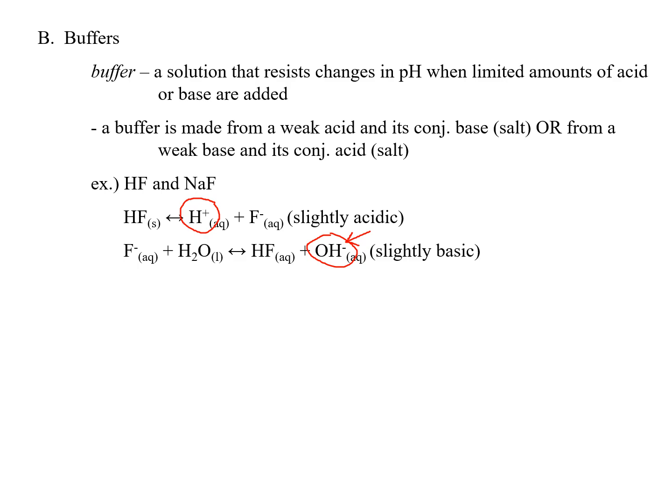What if I were to add some NaOH to this solution? Suddenly all those OH negatives should increase the pH, but no, the H positives are there to neutralize those OH negatives that might be added. So a buffer has two weapons that it can fight extra H positives or OH negatives that were to come in, right? It has two parts to it.